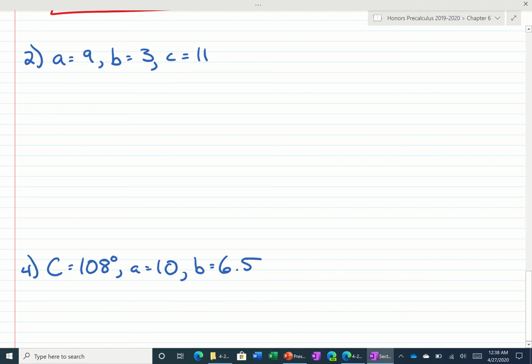Remember, you're having a short quiz today. So let's see what's going on here. The way we know this is law of cosines is we don't have any angles, so we wouldn't be able to make a full ratio.